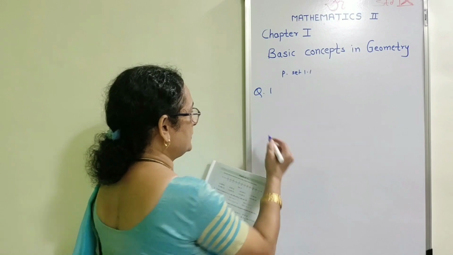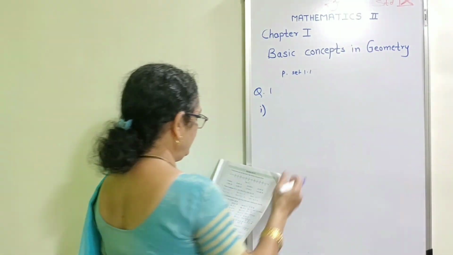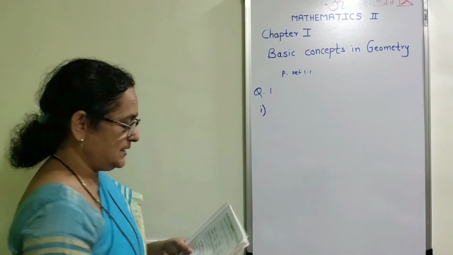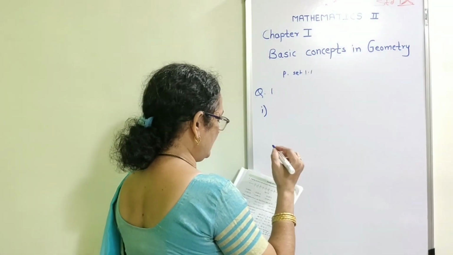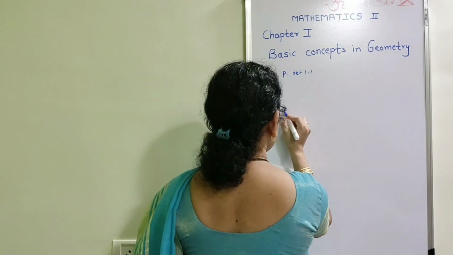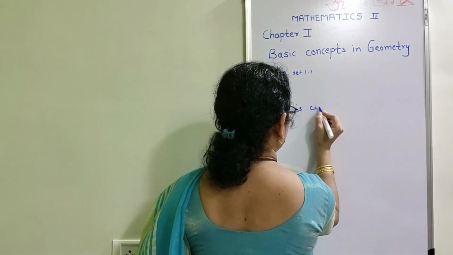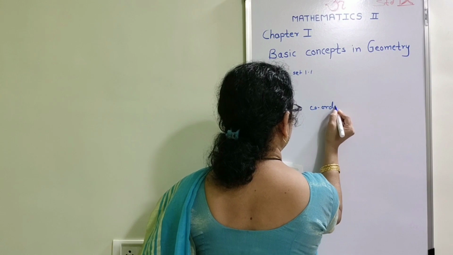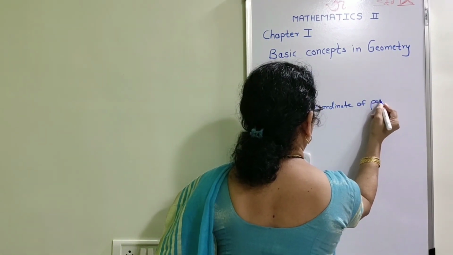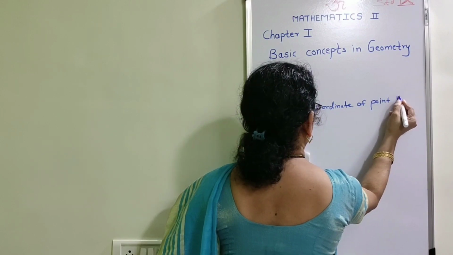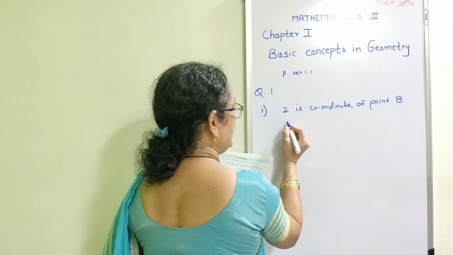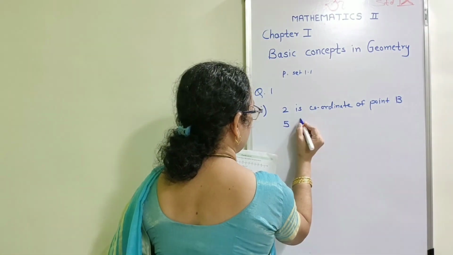I'm going to take the first example. Here, in the first example, they have given to find distance BE. Now, I'm going to write first the coordinates of points B and E. 2 is the coordinate of point B and the coordinate of point E is 5.